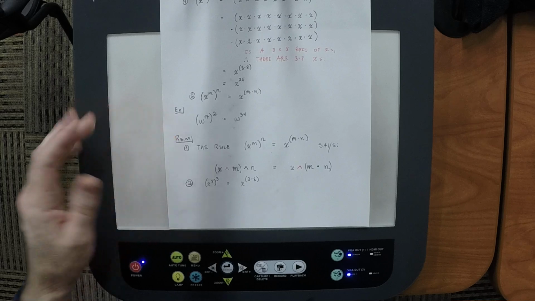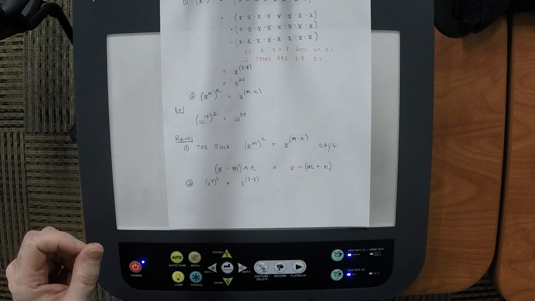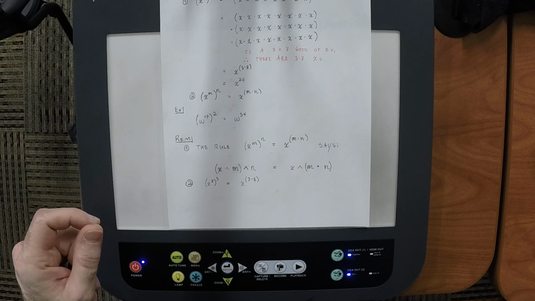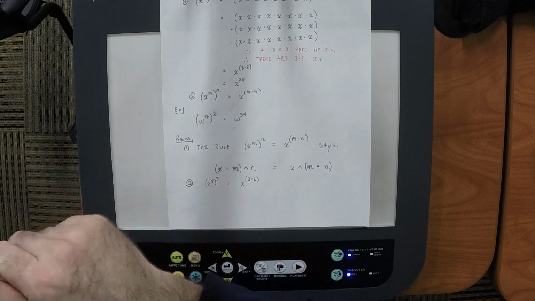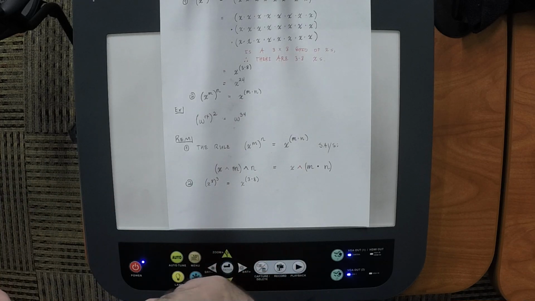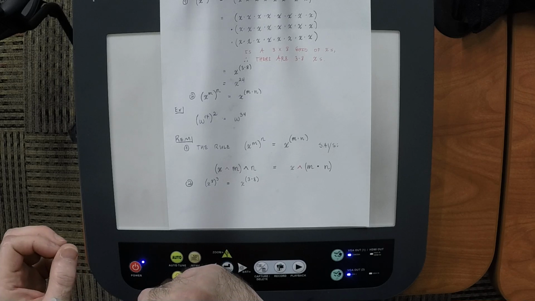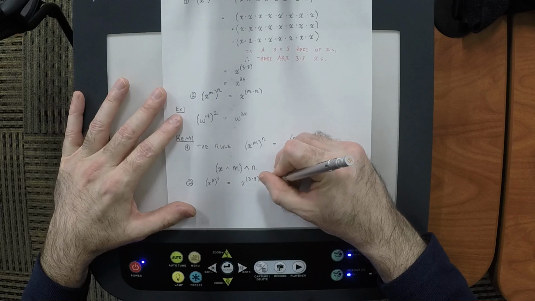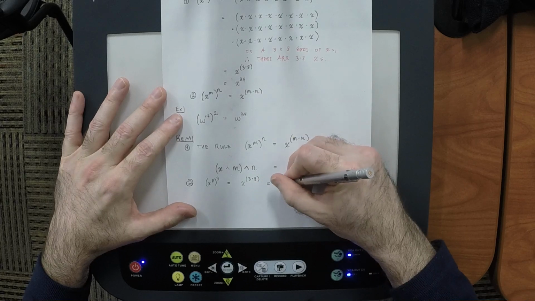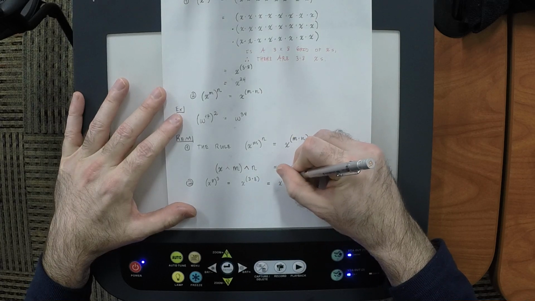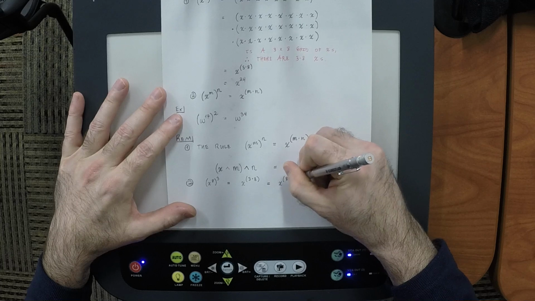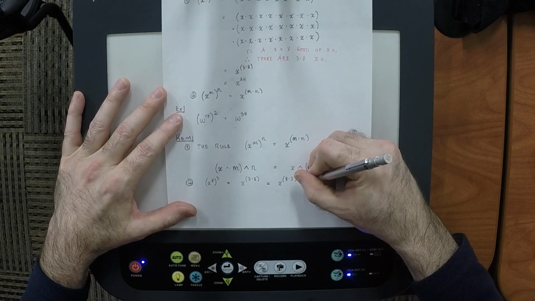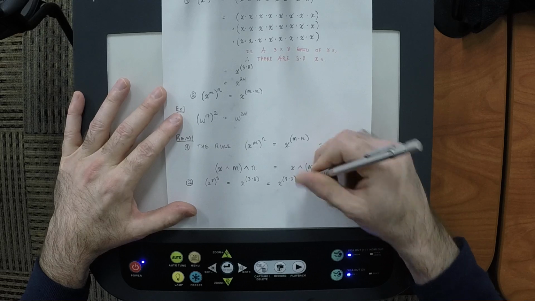It commutes. What does that mean? That means that you can switch the order. 3 times 8 is the same as 8 times 3. So this is the same as this. And now using the same rule but in reverse, it's saying this.